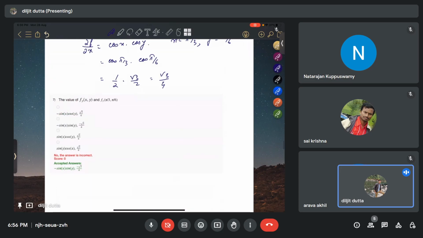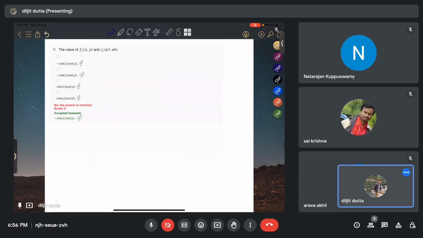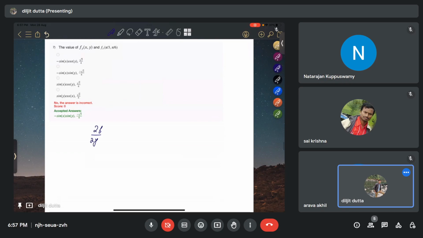Okay, simple mathematics only, there's nothing much. Then the second question is we have to find f y of xy, that is del f by del y. So this is equal to del by del y of sin x into cos y. The derivative of cos y is minus sin y, so sin x into minus sin y.